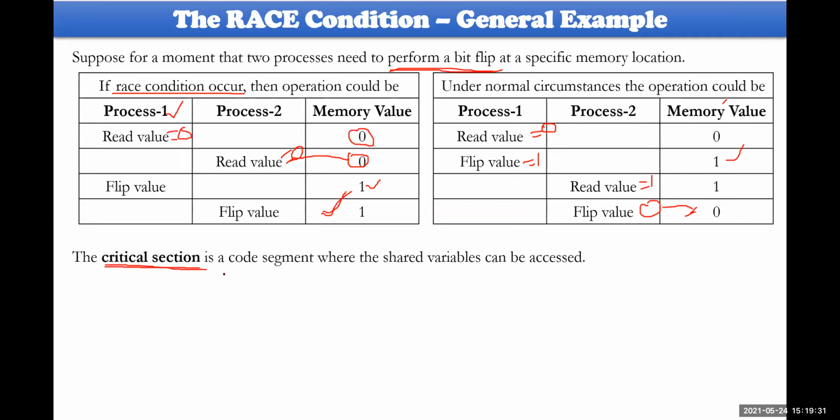Okay, so a set of instructions which are executed alone, with no interleaving by other processes, they are supposed to execute alone. If such a set of operations exists, then that set of operations is called a critical section.